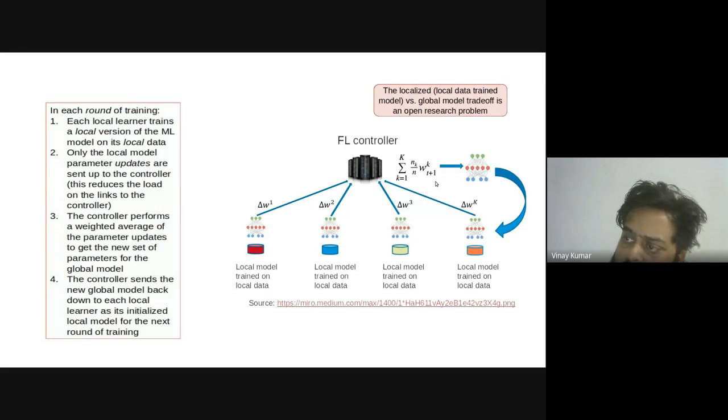Here we take the weighted average, where N is the total number of data points across all local parties. You sum all of them and you get N. This way we are averaging them, and this is called the federated averaging architecture. This is the way overall federated learning works.